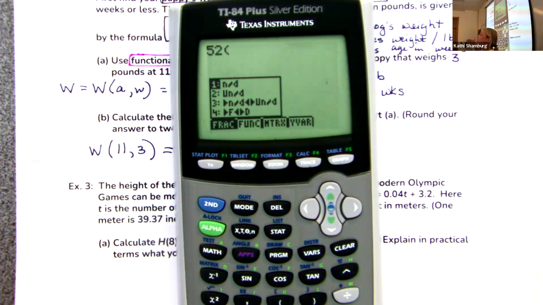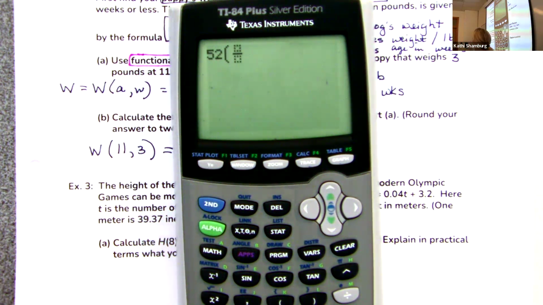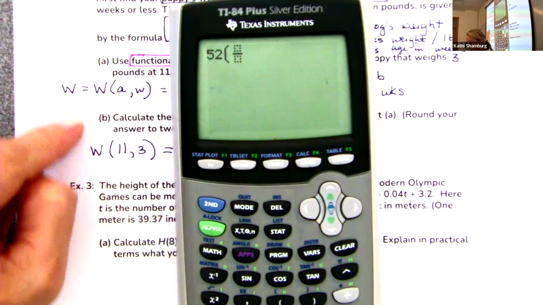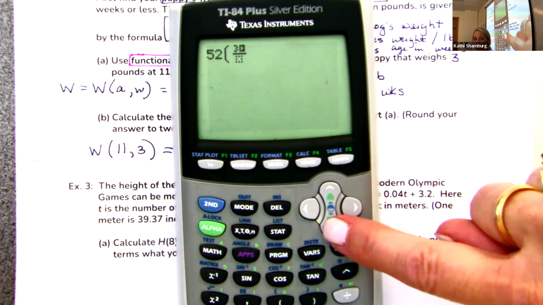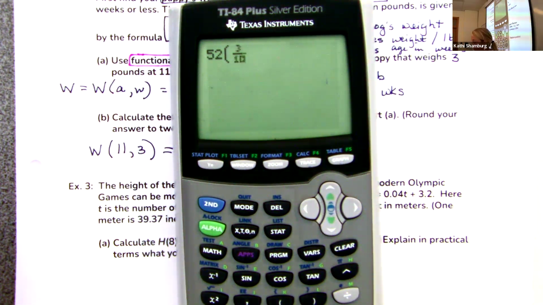That's representative of numerator over denominator. That's your fraction button. So I'm going to push 1 and bam. Now I can put in what was on top, 3. Then come up here and push your down arrow. Put 11 in, push your right arrow, close your parenthesis. And then when I hit enter, I get 156/11. And I'm like, I want the decimal. Okay. All right. Clear it out.